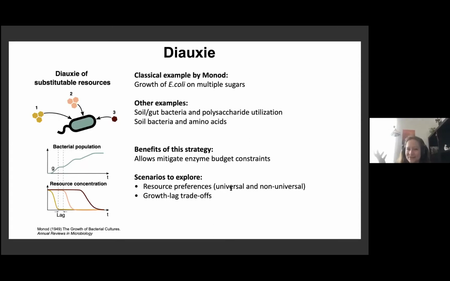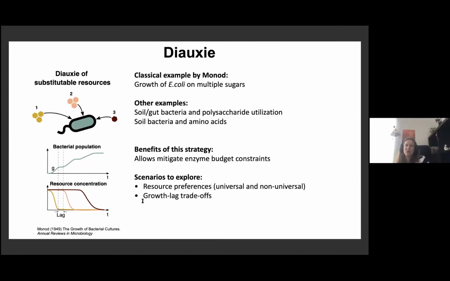This is a very energy-rich source. This is a no-brainer. You want to prefer it. But then for other resources, there might be discrepancies and different microbes prefer different things. And moreover, as Daniel mentioned, you can change your preferences depending on other members of the communities. So this is a very rapidly developing field of study.